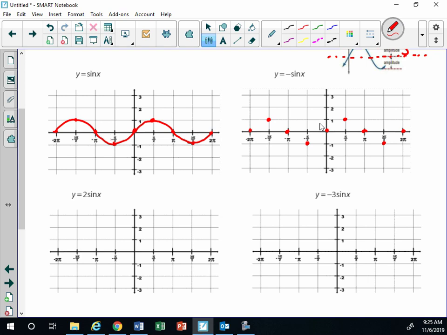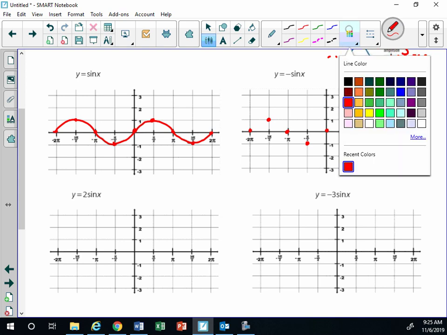What do you think the negative in front does? Flips it? Yeah, so you're going to be flipping over the x-axis. You can also think about multiplying your y values by -1. So I'm going to go ahead and switch to blue to do the final graph here.